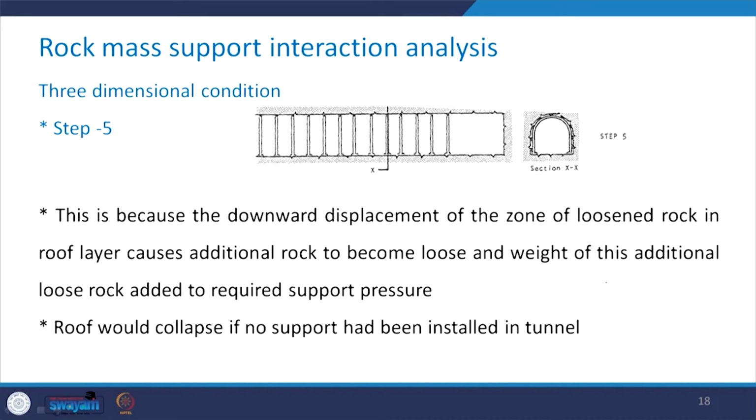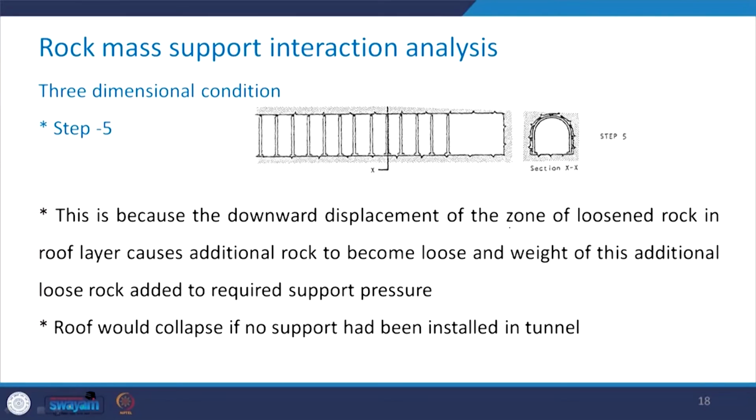This is because the downward displacement of the zone of the loosened rock in the roof layer causes additional rock to become loose.